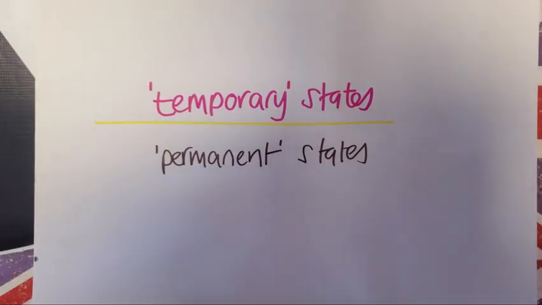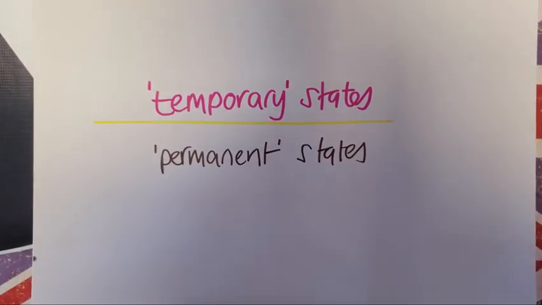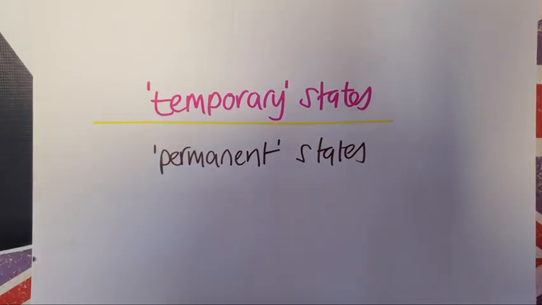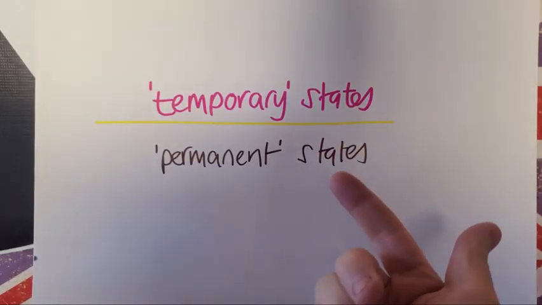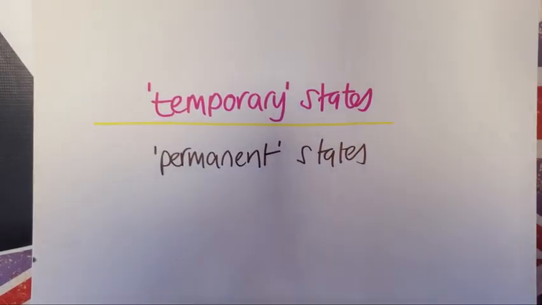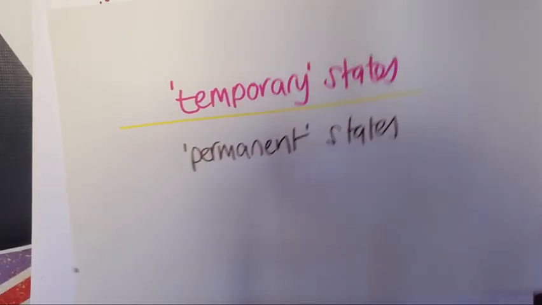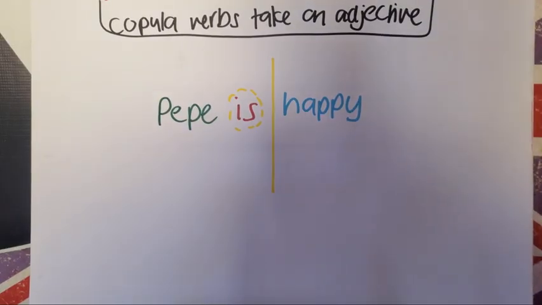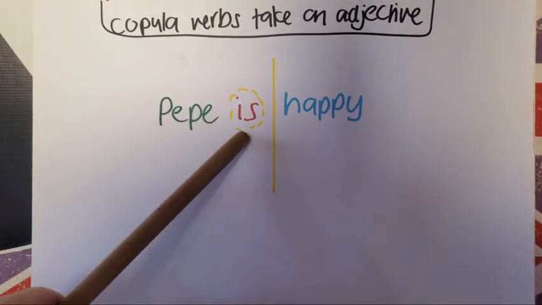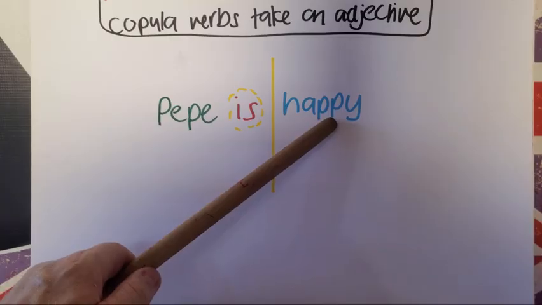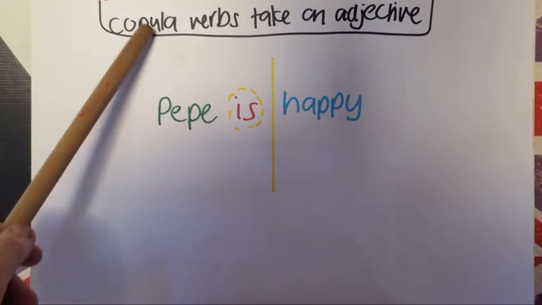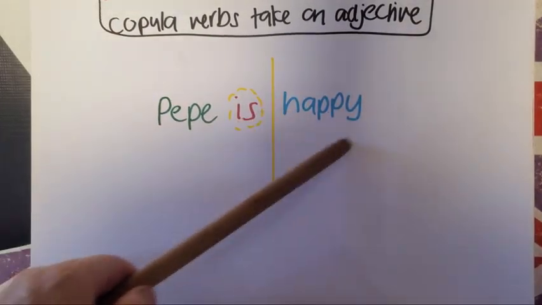Now, in Spanish, this is how you translate the word to be. Spanish says that there are two states of being. There are temporary states and there are permanent states. So if I say to you, Pepe is happy, using the verb to be with the adjective happy, a copular verb, remember, copular just means that it takes an adjective.